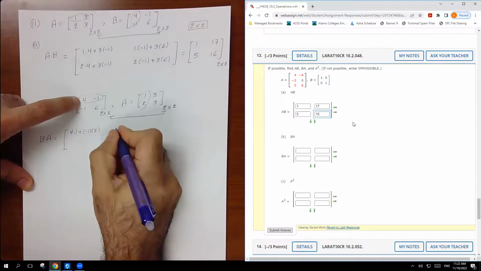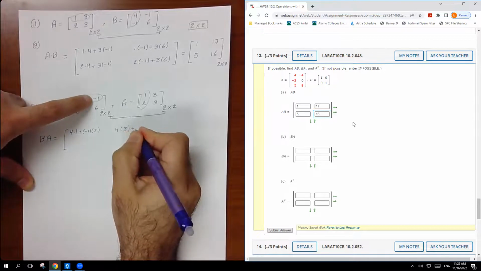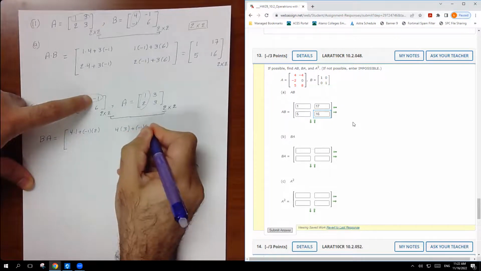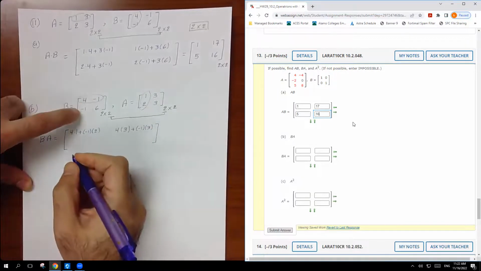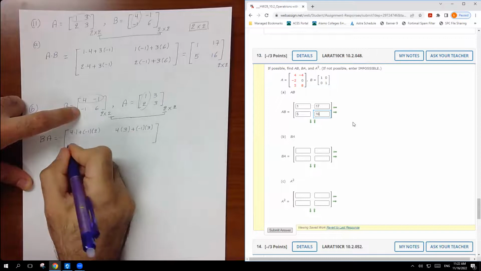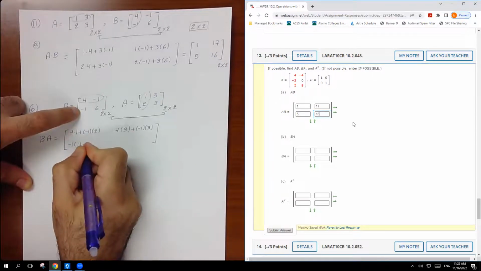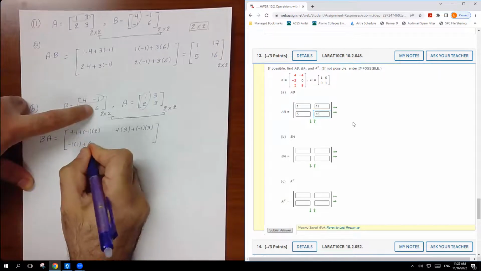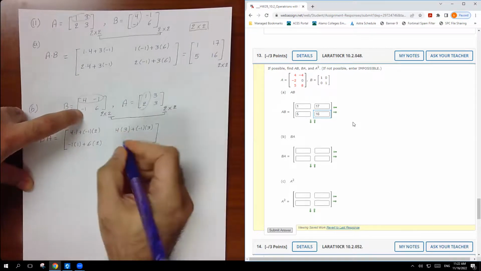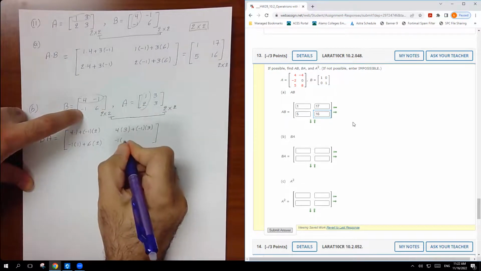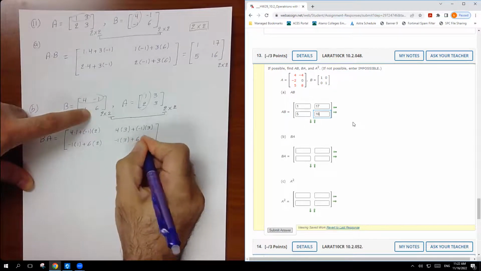So it's going to be 4 times 3 plus -1 times 3. And now the second row with the first column, so -1 times 1 plus 6 times 2. The second row with the second column, so it's going to be -1 times 3 plus 6 times 3.